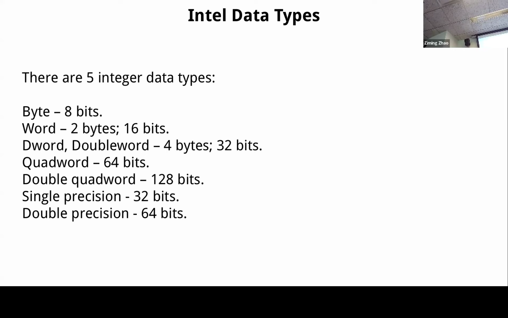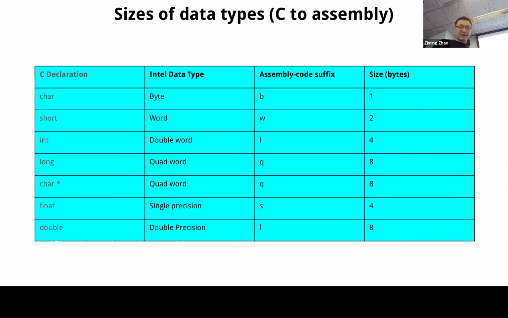A quad word is 64 bits, 8 bytes. Those are for integers. We also have 2 different data types for floating point numbers: single precision, 32-bit, and double precision, 64-bit. We actually have more complicated data types now.